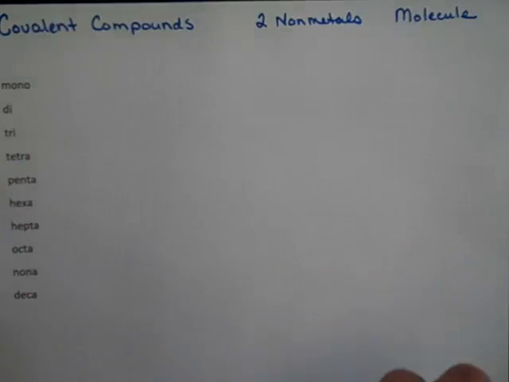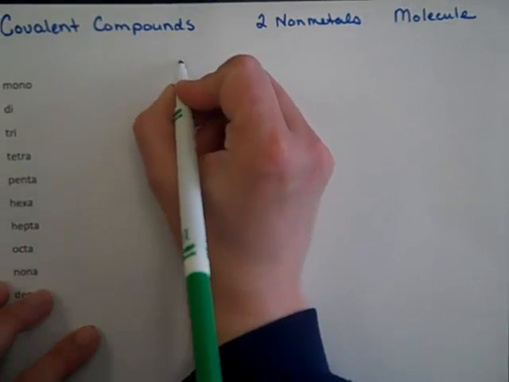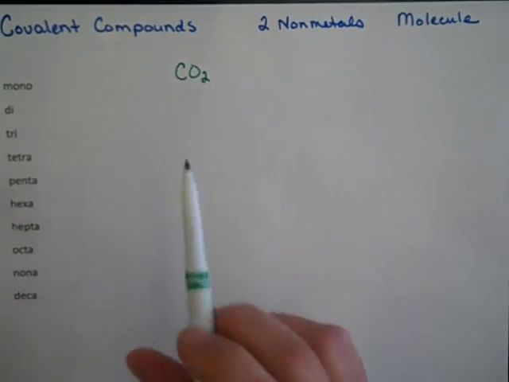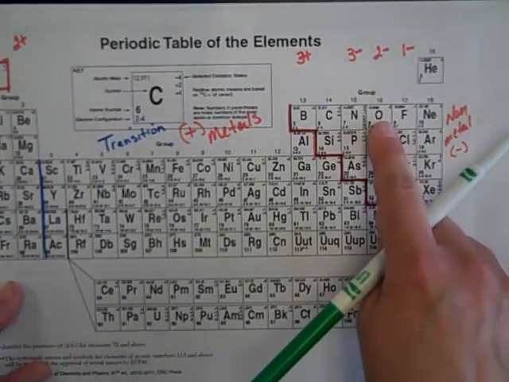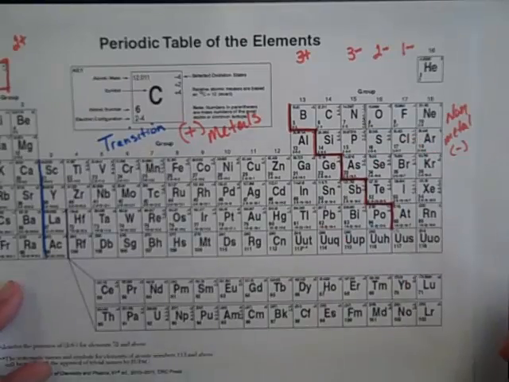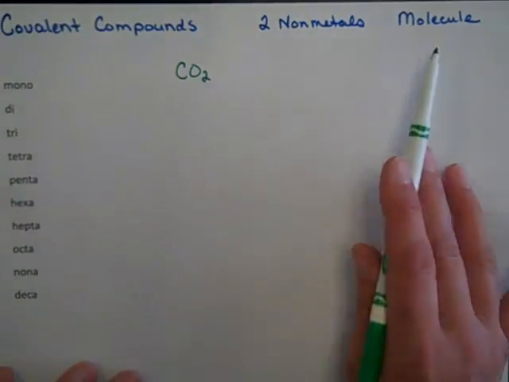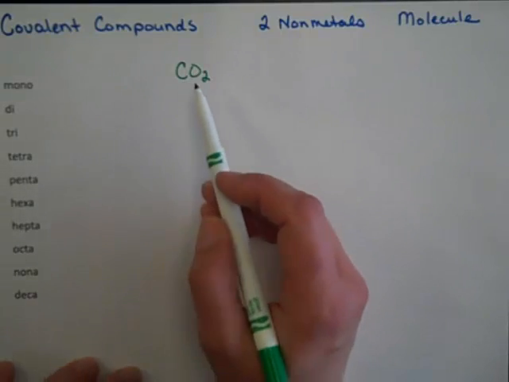So for example, one that is very common that you're probably familiar with is CO2. All right, CO2 is carbon and oxygen. Carbon is here on this side of our stair-step line, and oxygen is here on this side of our stair-step line. So these are both nonmetals, so they're going to form the molecule of carbon dioxide. Now, how do we name this?